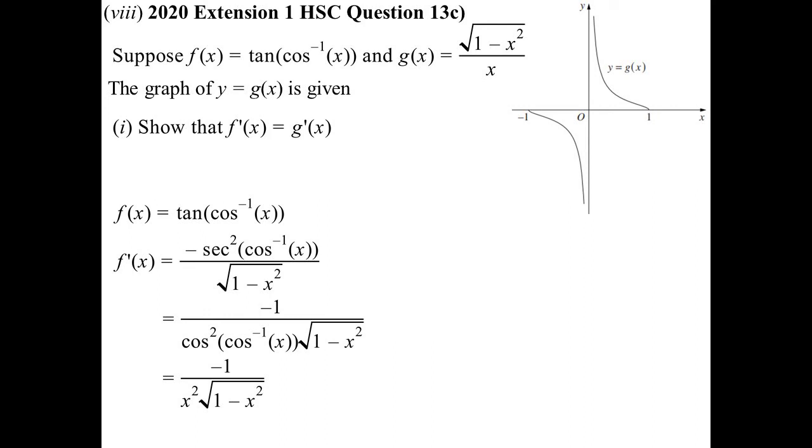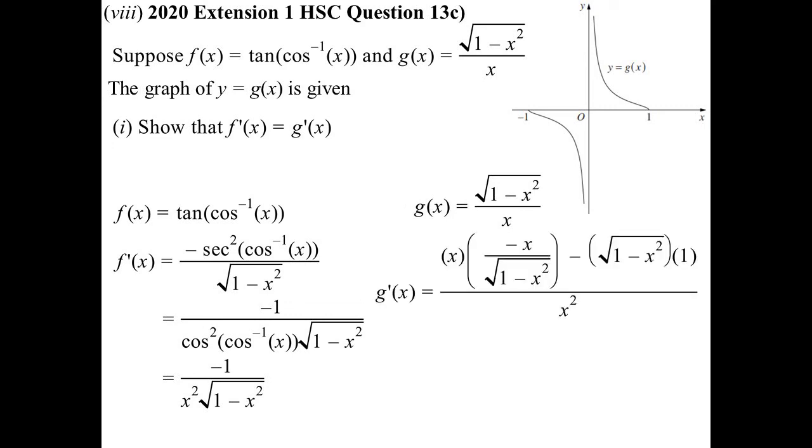Let's now see what happens with the second function. We're going to have to use a quotient rule. Square the bottom, write down the bottom, diff the top. So the top ends up being minus x on the square root of 1 minus x squared, minus, write down the top, diff the bottom. Can we make these the same thing?